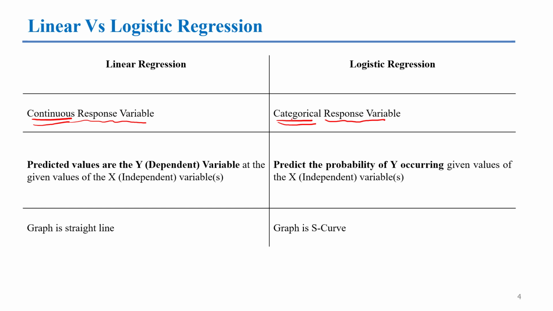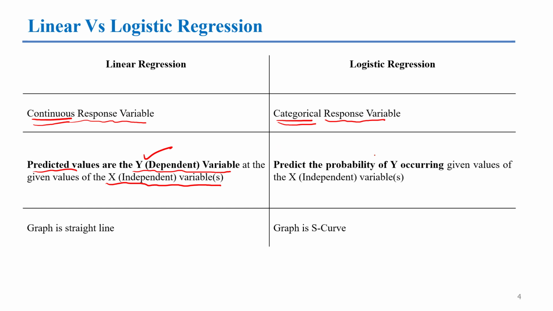Furthermore, in linear regression, when we are predicting the dependent variable, the y variable, based on multiple independent variables, we are predicting the actual values of that dependent variable, which is a continuous variable.